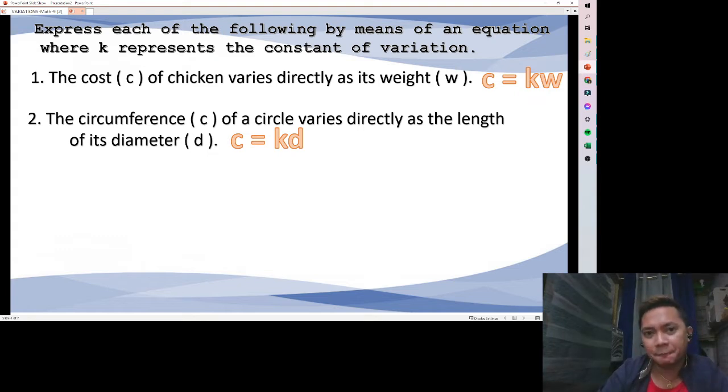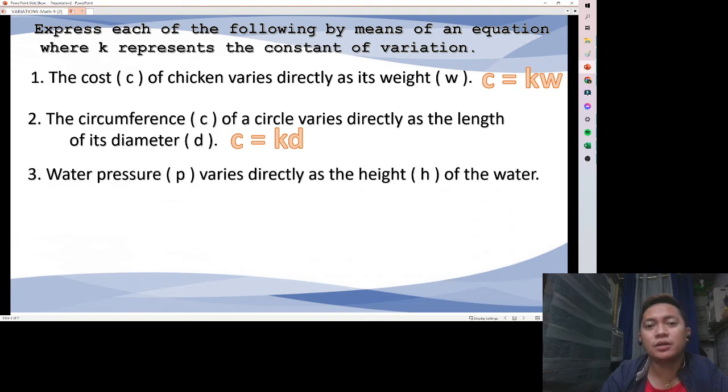Next, number 3, water pressure P varies directly as the height of the water. As we all know, if we open a faucet with a hose and the pressure is strong, then the water can shoot to a greater height. If the pressure is weak, the water does not shoot as high.